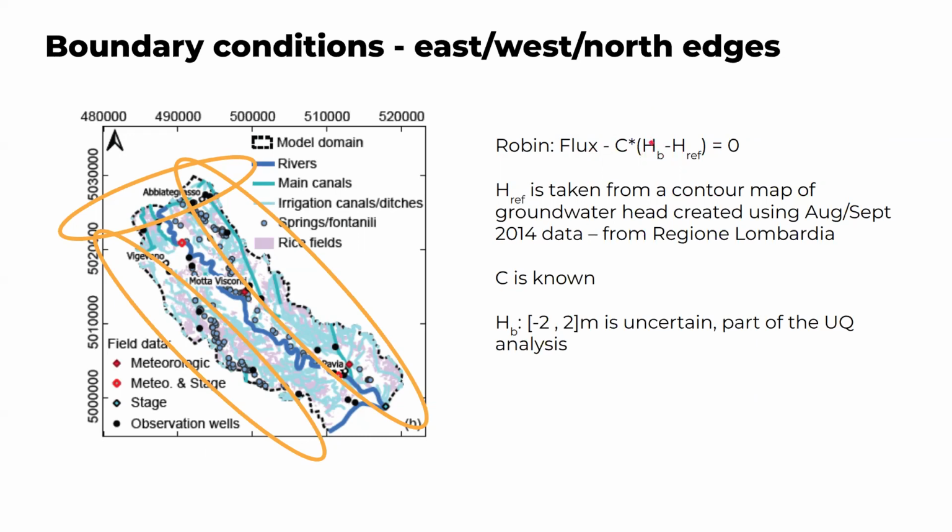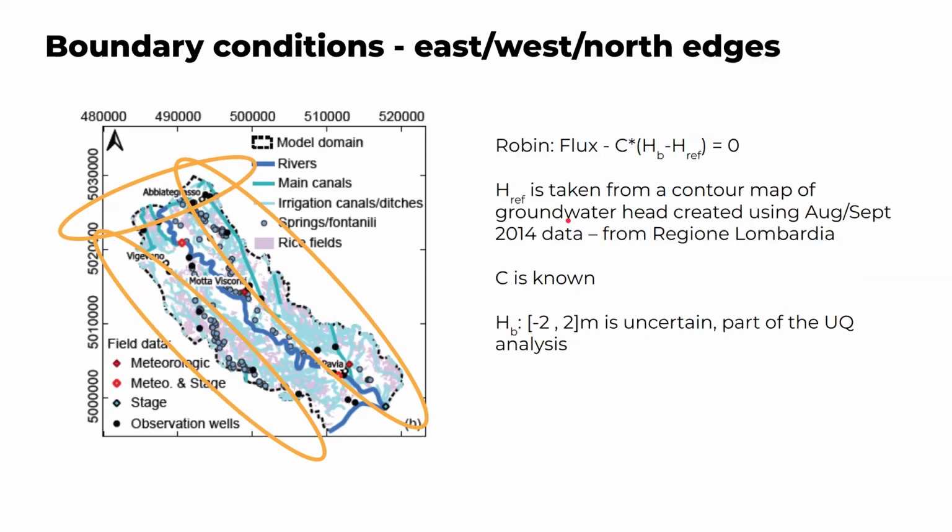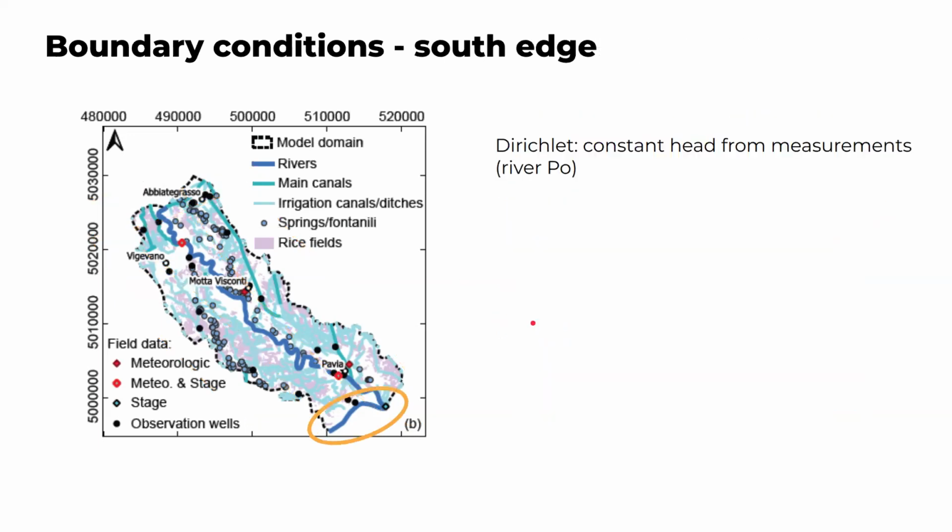This is something that we assume is between -2 and +2 meters, and this is again part of the UQ analysis. And this is the contour map, the far field map, if you want, that we use as a reference head here on the boundaries. Okay. So what we don't know here is the actual head on top of the reference head. We allow for our head to be ±2 meters from the reference.